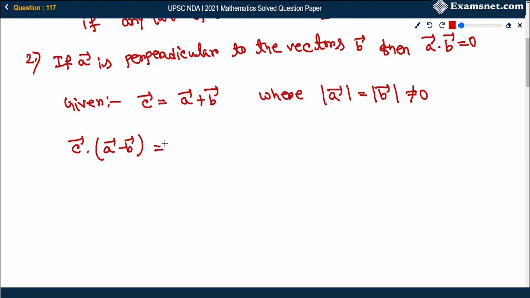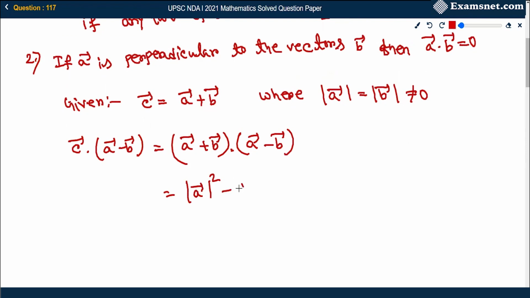Okay, so let's check. Now in place of C we will replace it with A vector plus B vector, times A vector minus B vector, right? So now we can write mod of A square minus A vector dot B vector plus B vector dot A vector minus mod of B square.